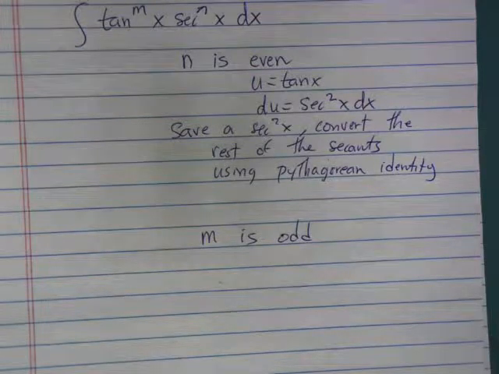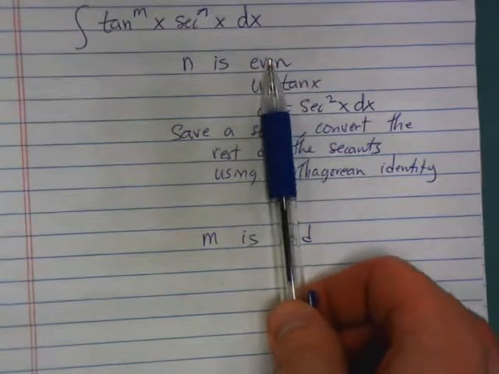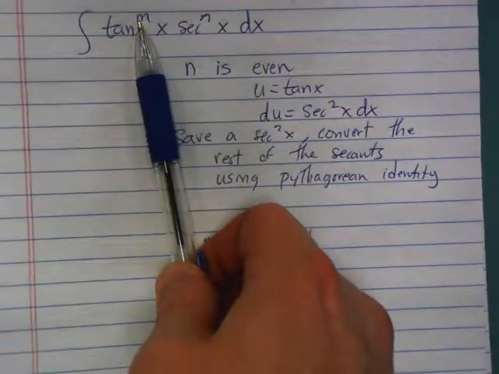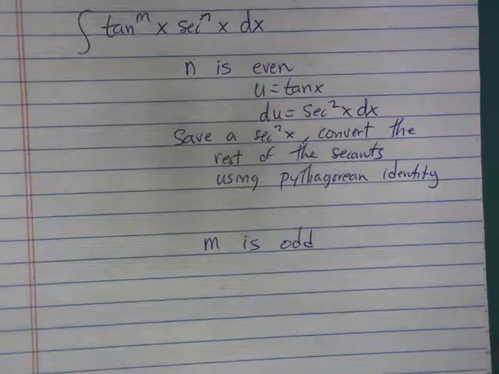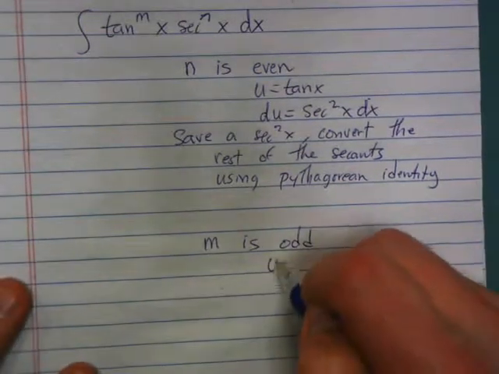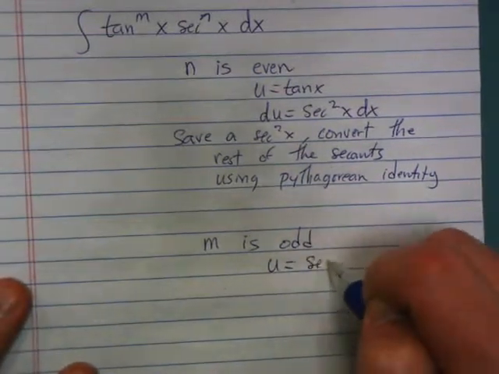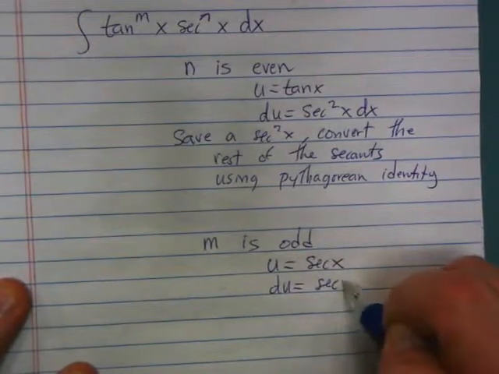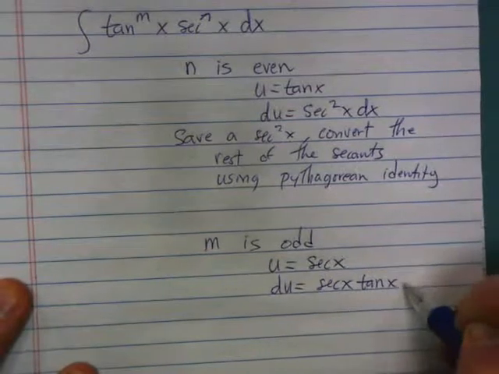There's less to remember. For this one, you either want secant to have an even power or m to have an odd power. And if m is odd, then you're going to let u be secant x, and du is secant x tangent x dx.